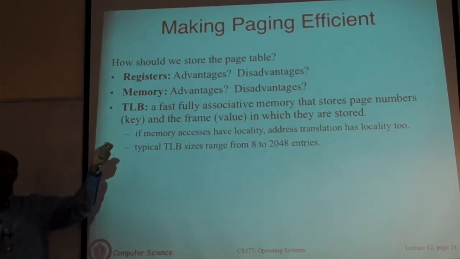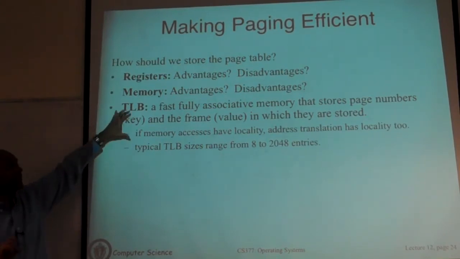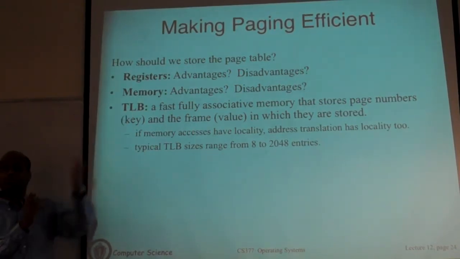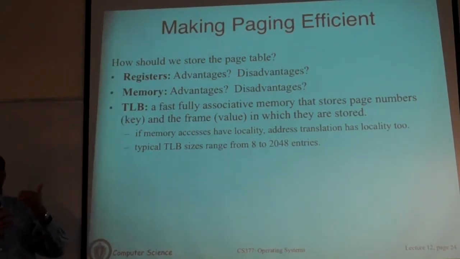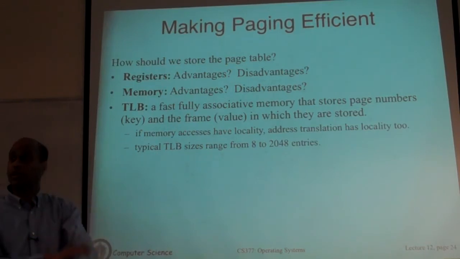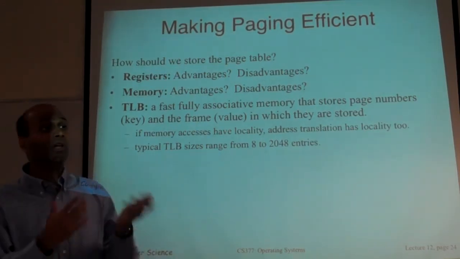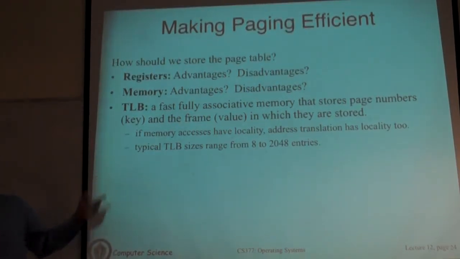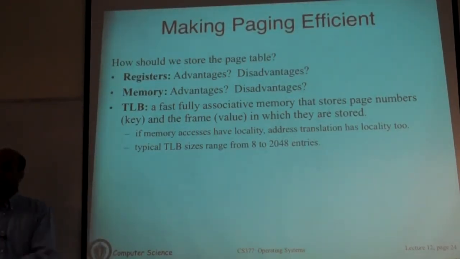So memory accesses are now fast because portions of the page tables are cached in a faster manner. By and large, if those are the pages your instructions are accessing, you just go to the TLB, you get that page table entry, and then you index. You don't have to go to RAM. Occasionally you will have a TLB miss because you access a page table entry that's not there in the TLB, so you will fetch it from the main page table back into the TLB.